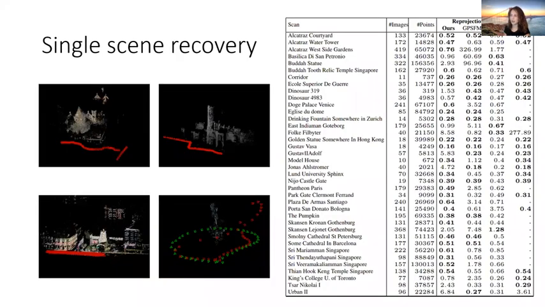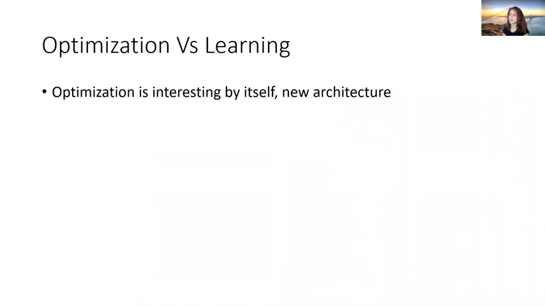So these results are all optimization, meaning I have a single scene and I optimize the network to output the correct 3D points and the cameras. But learning optimization is interesting by itself. It's a new architecture. It's a new way of solving this problem.